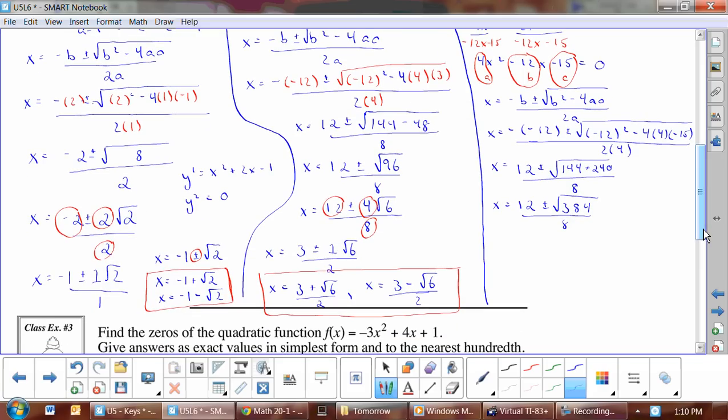The first thing we have to do is we want to simplify that radical, right? So everyone should be quietly working on their own calculators, trying to figure out what the square root of 384 can simplify to.